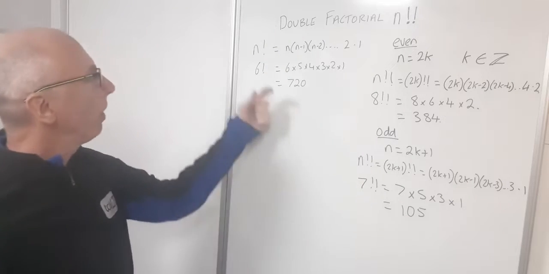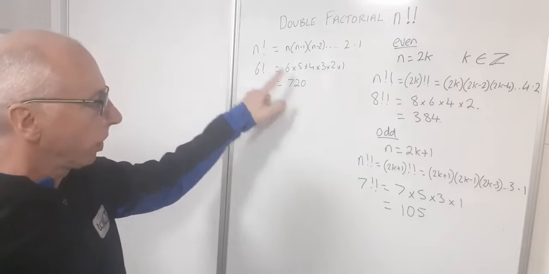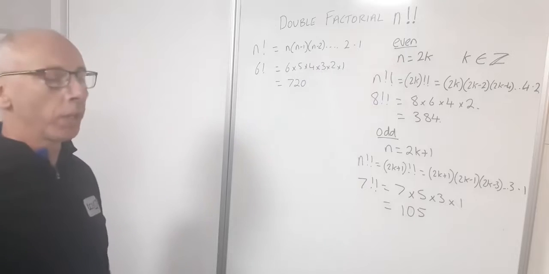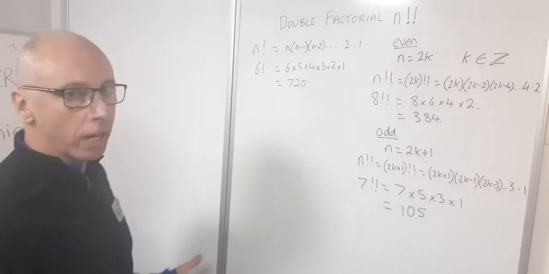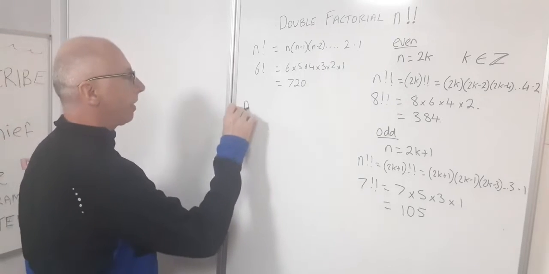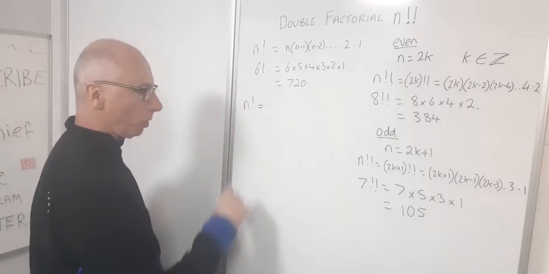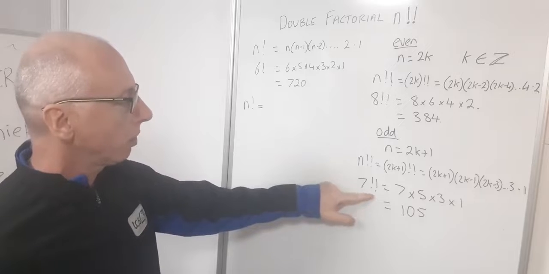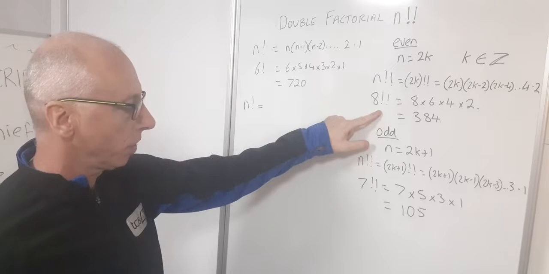Now, is there a relationship between the single factorial and the double factorial? That's the question we want to know. So how we can write that is n factorial equals, basically if you think about this, we've got our double factorial here and our double factorial there.